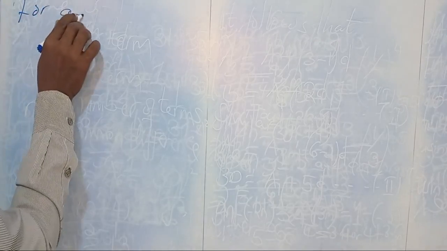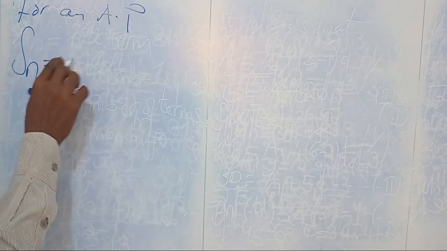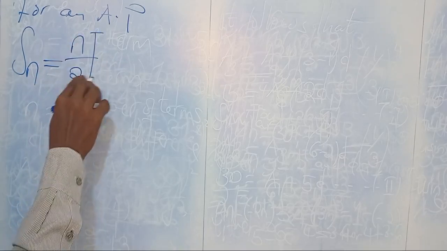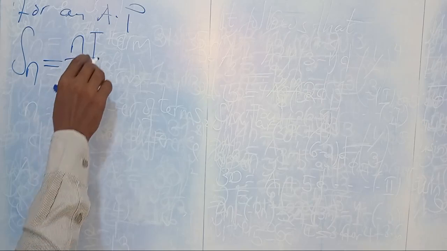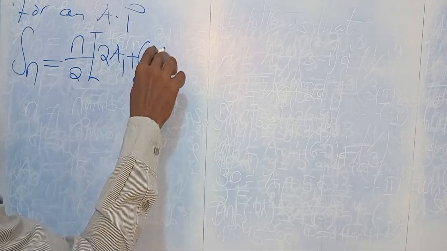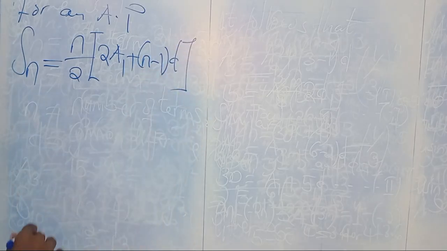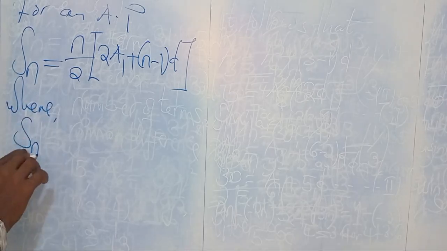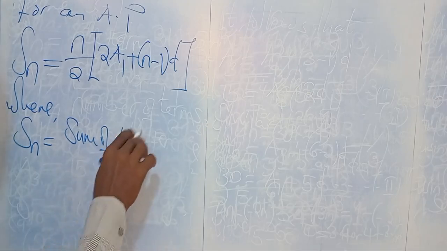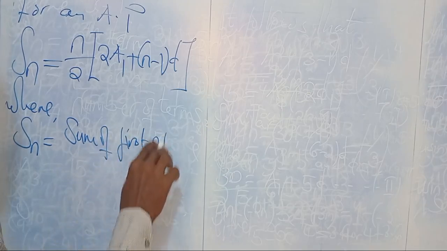Again, for an arithmetic progression, the sum of the first n terms is equal to n divided by 2, times bracket 2A1 plus n minus 1 times d. Sn is the sum of the first n terms.